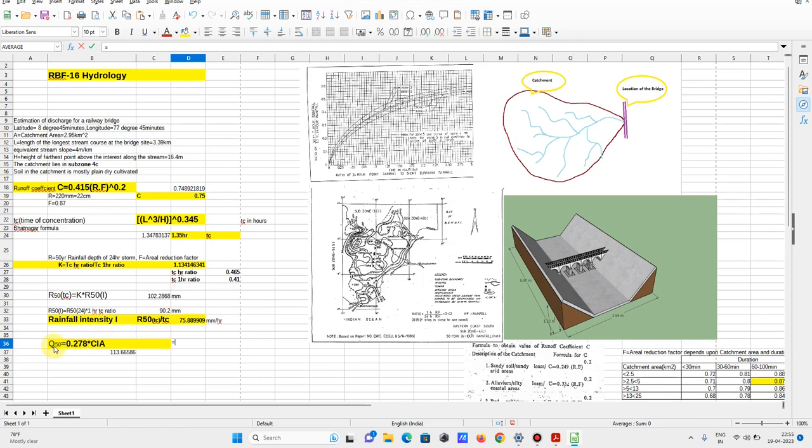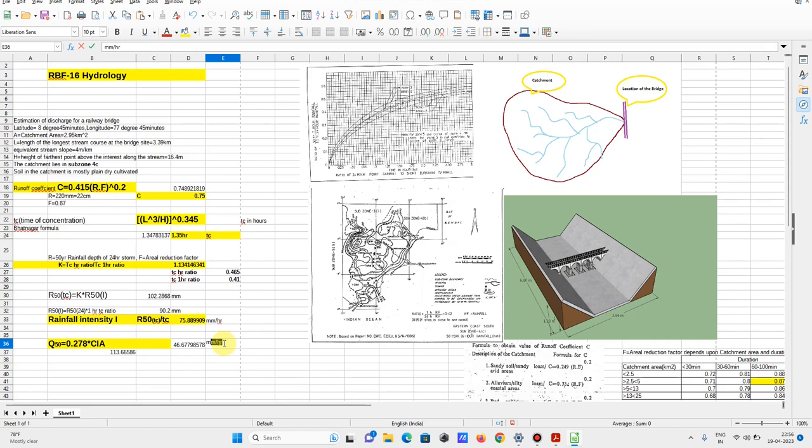That's why it is mentioned Q50. 0.278 is the conversion factor, and C is the runoff coefficient, 0.75, into I, the rainfall intensity which we calculated, 75.88, into the area. The area of the catchment is 2.95.